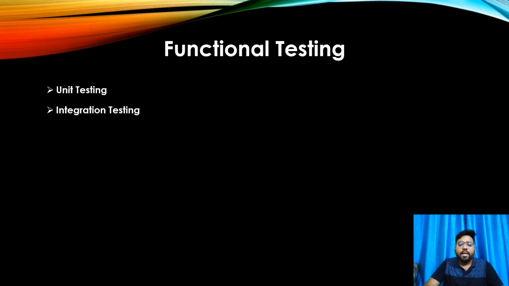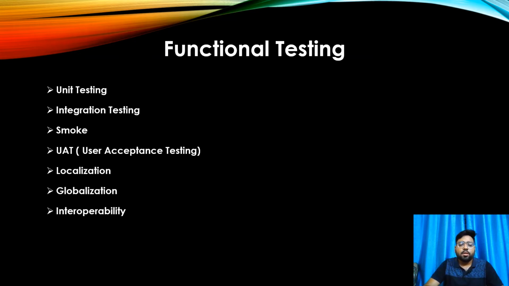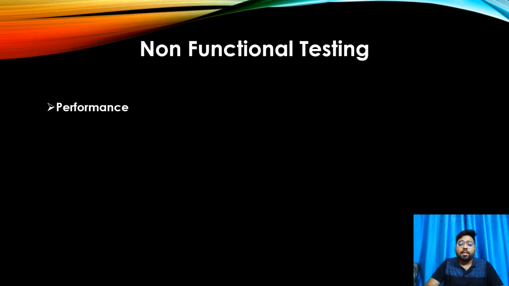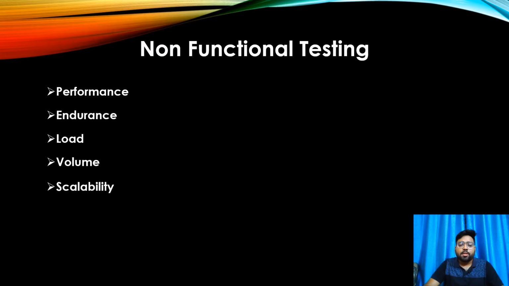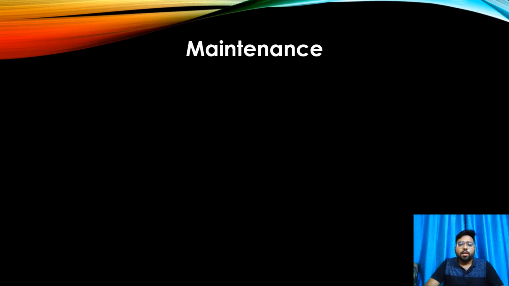Then we have integration testing, smoke testing, UAT, that is user acceptance testing, then localization, globalization, interoperability, and so on. Then comes non-functional testing, and in it we have performance testing, endurance testing, load testing, volume testing, scalability, then usability, and so on. And finally comes maintenance testing, which includes regression testing and maintenance testing.